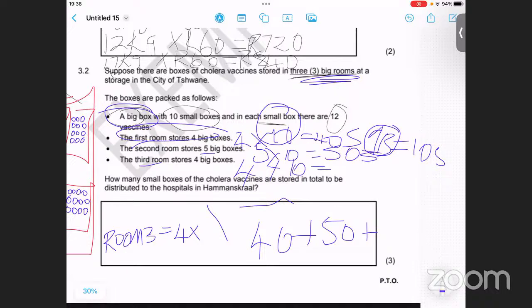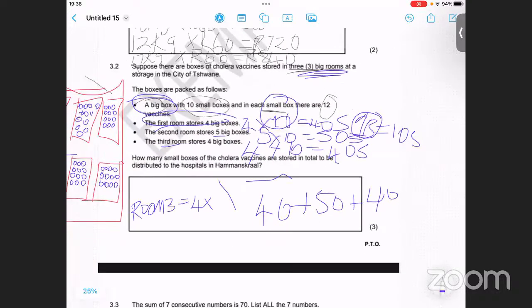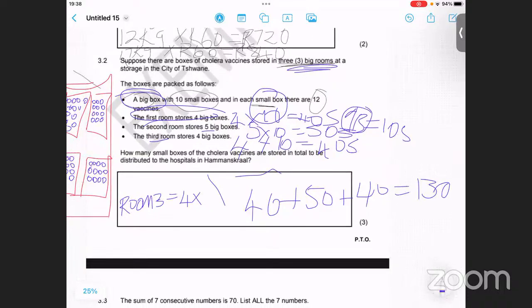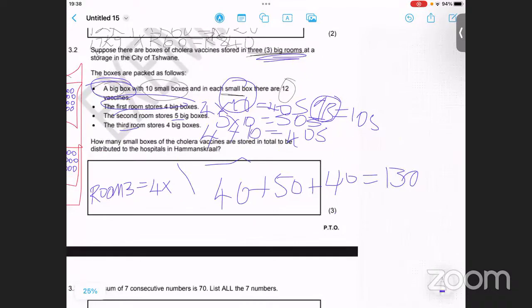So we're going to say 4 multiplied by 10, which is the same as 10 plus 10 plus 10 plus 10, which is equal to 40 small boxes. So that means the third room has 40 small boxes. So we're going to add everything together, which equates to 130 small boxes, right?